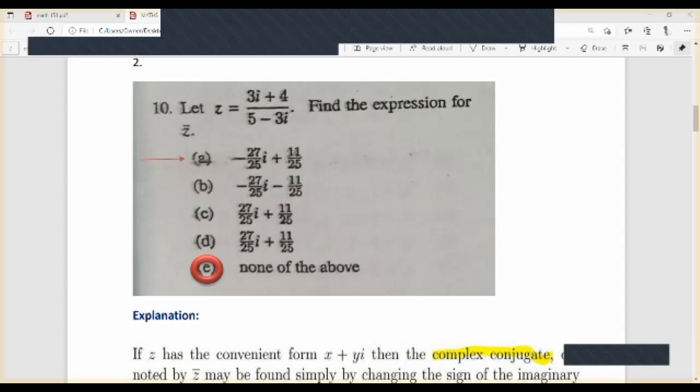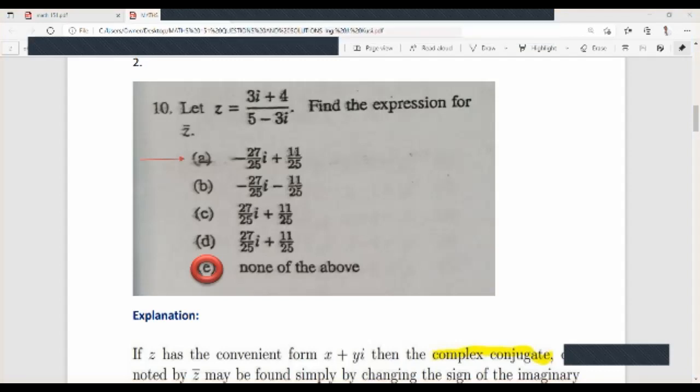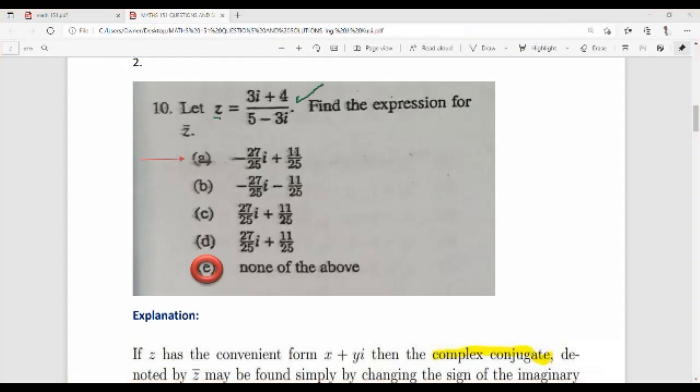Yeah, I can see. Okay, so it says let Z equal 3i plus 4 over 5 minus 3i, and it says find the expression of Z dash.